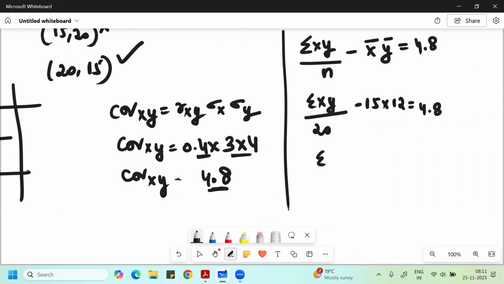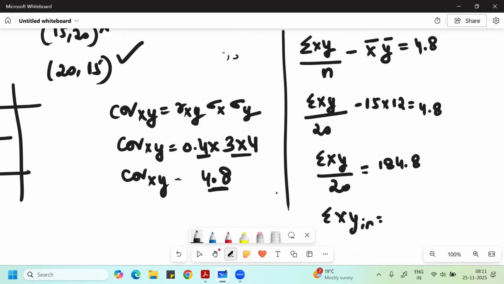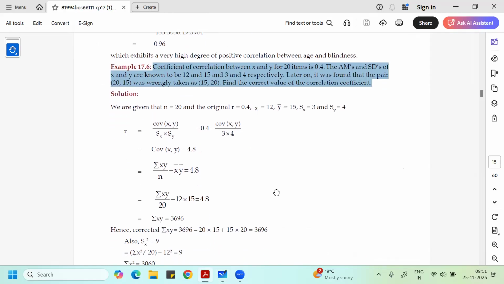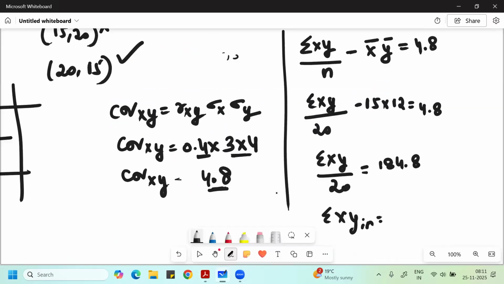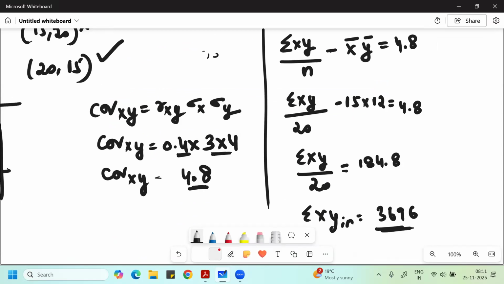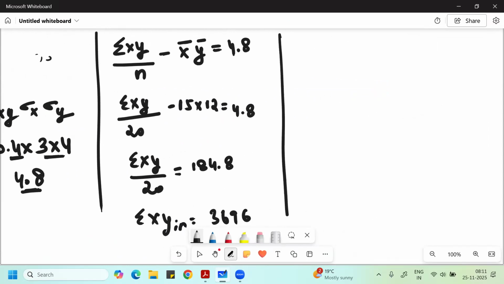So sum of xy by 20 minus 15 into 12, which is 180, equals 4.8. Bring 180 to this side, you get 184.8. So the incorrect sum of xy is 184.8 into 20, which is 3696. This is the incorrect sum of xy.